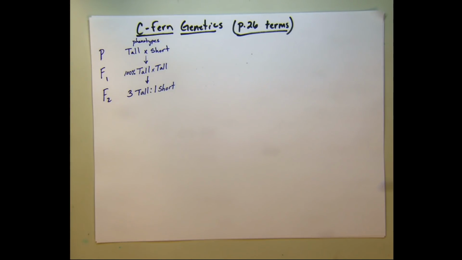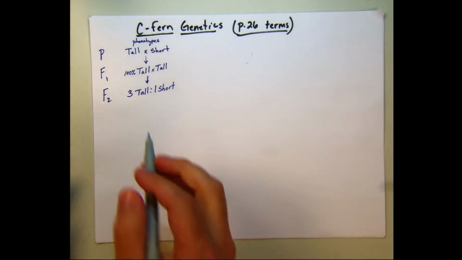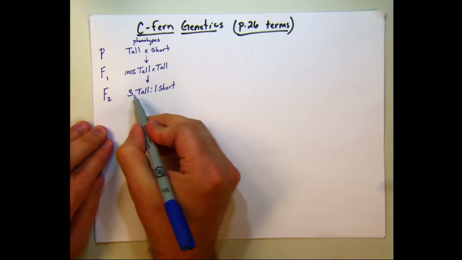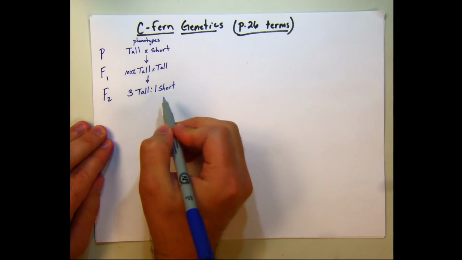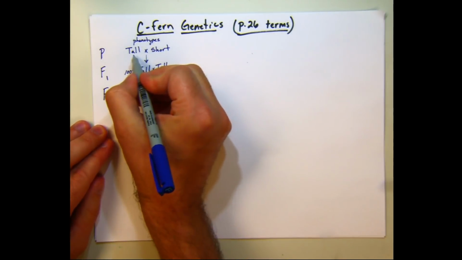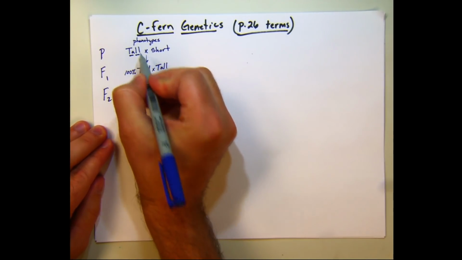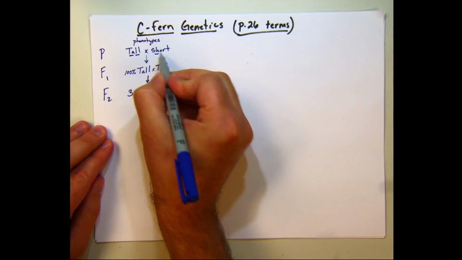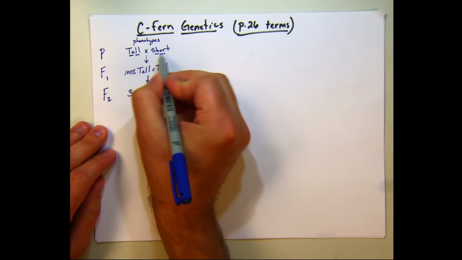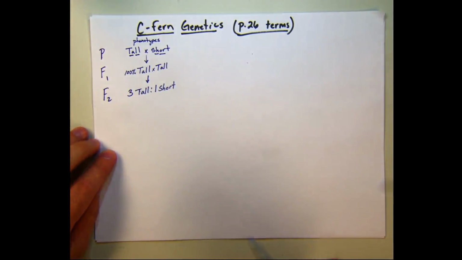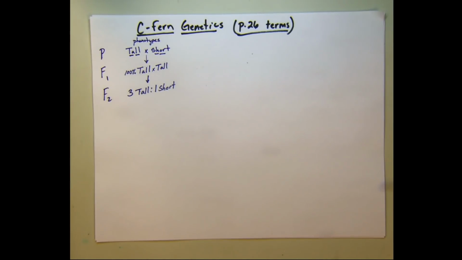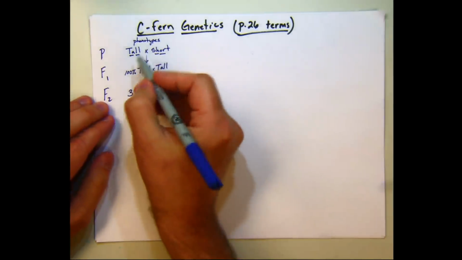And once again, using his powers of deduction, being a mathematician, he came to the conclusion you could only have this type of ratio if there were 2 characters inside this tall plant and 2 characters that determine the short plants. So let's use 2 characters.